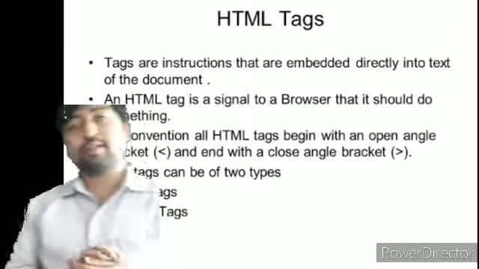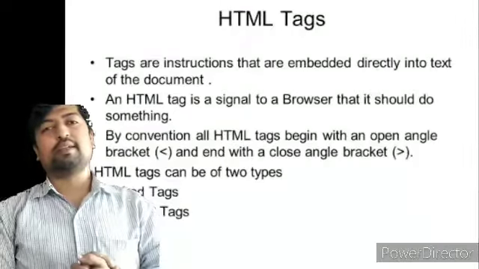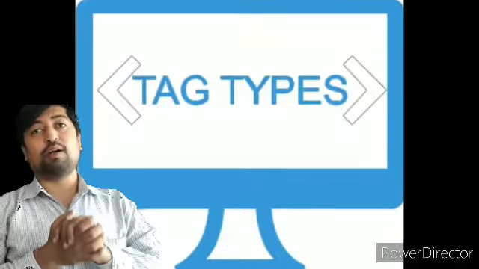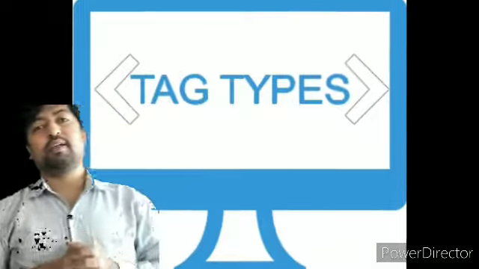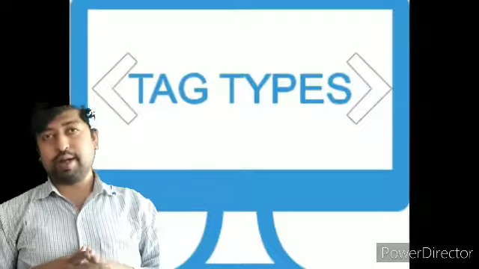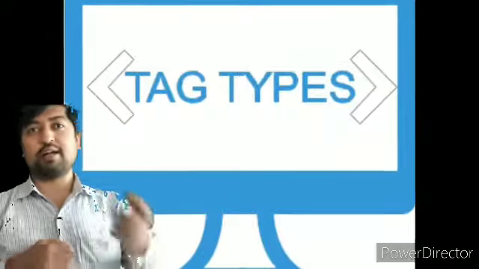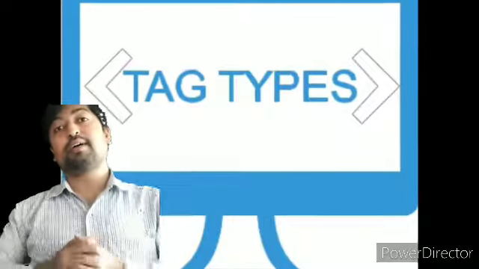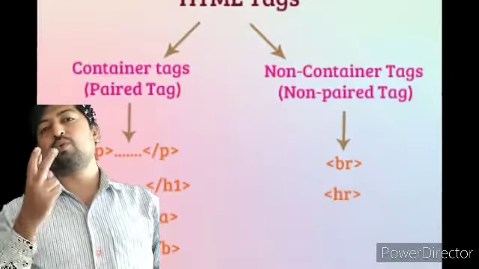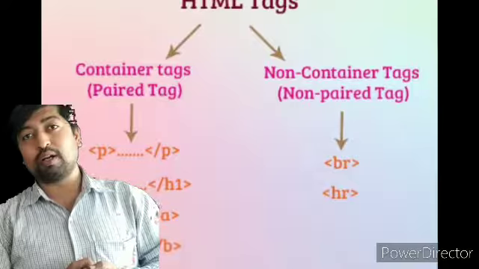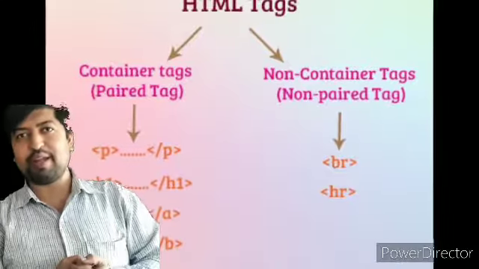Hello students, the only change is that the start tag that only starts is called the empty tag. Keep it in your mind, and the tag that has both start and close is called the container tag. These two sentences are very important from today's topic.